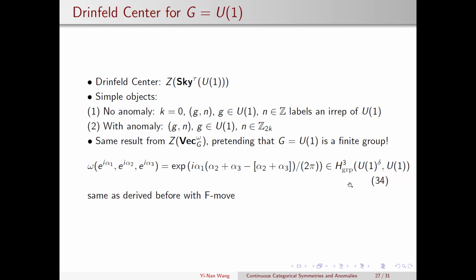We just use a representative for the H3 group of U1 and plug it with the same expression into the formula for finite groups. We get exactly the same answer. So it seems like everything from different angles converges to the same thing, which means that all the approaches should be correct.